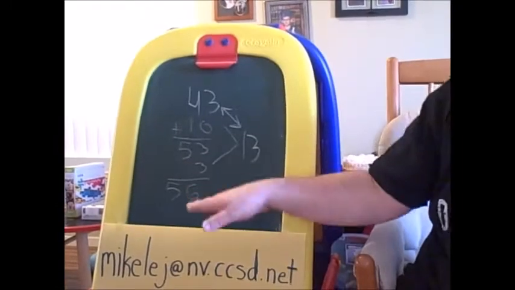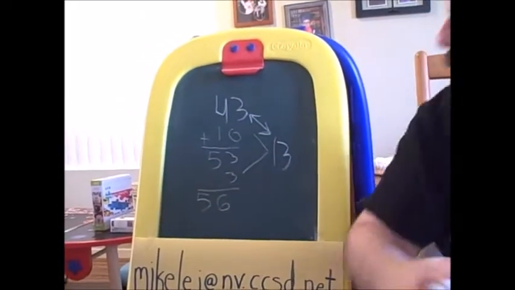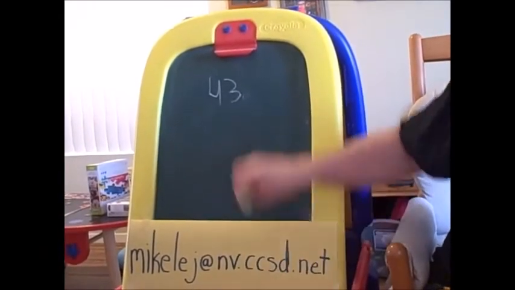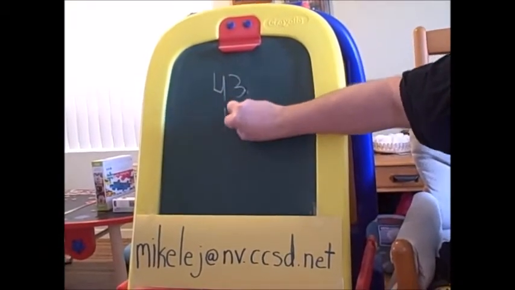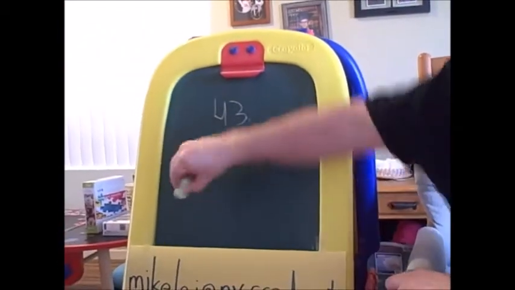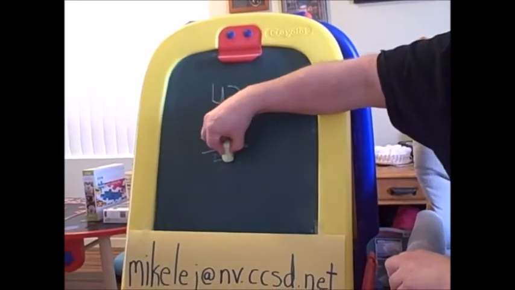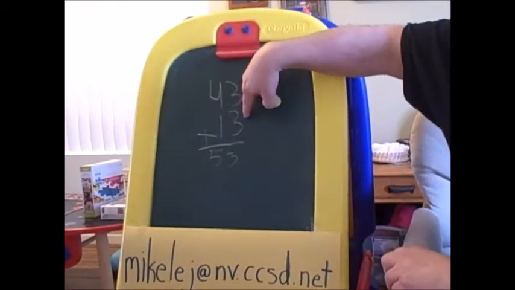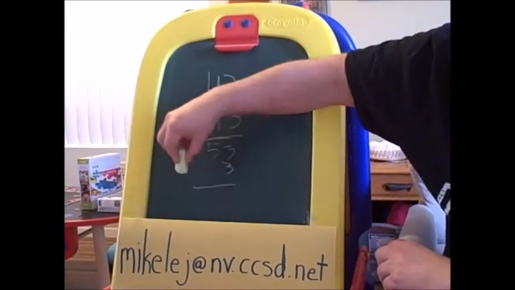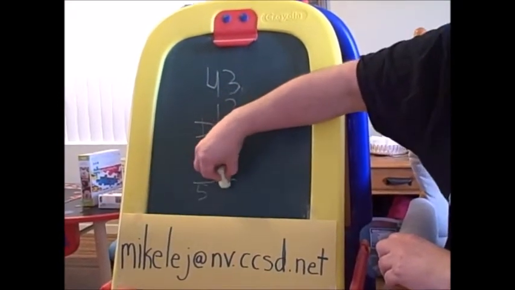So if you can do this, you can do this. Because you know that 40 and 10 more is going to make that 53. And then the 3 more is going to make that 56. Whoop, almost wrote it backwards.